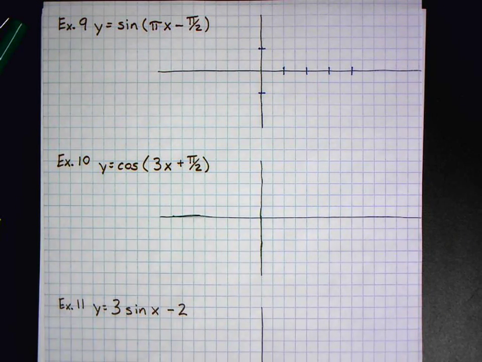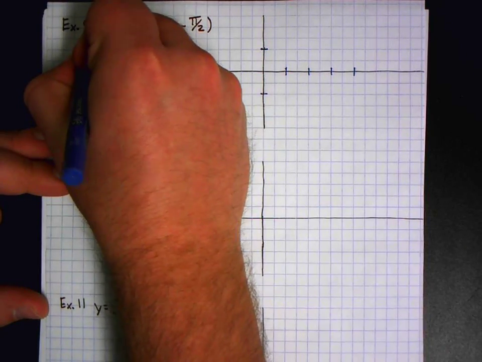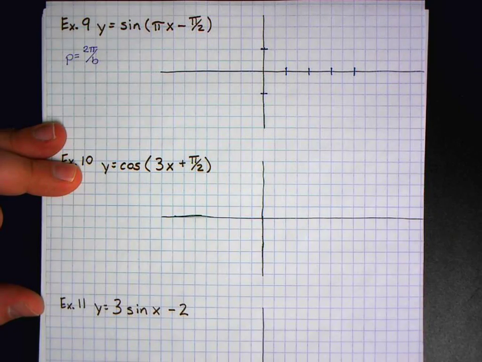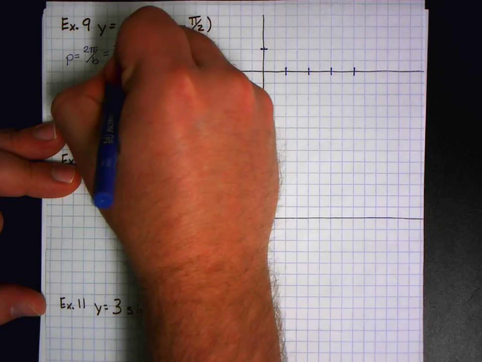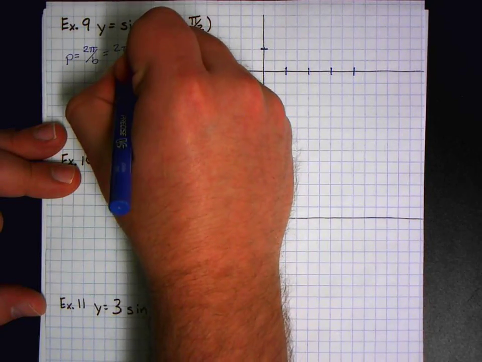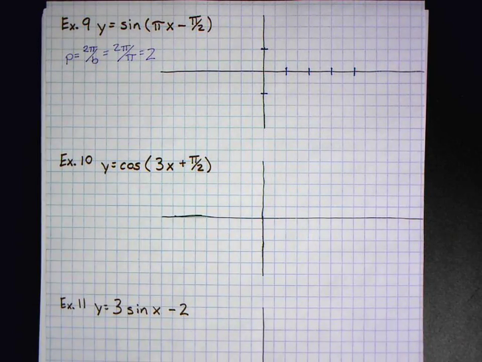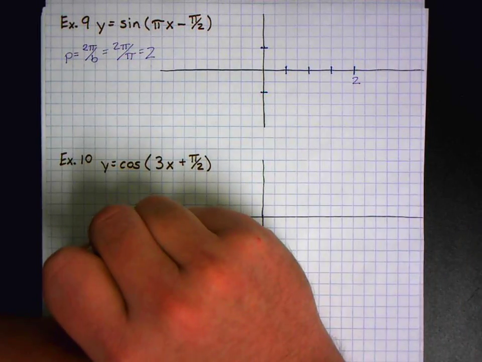Okay, so let's start off with finding our period. Just as a reminder, period is 2 pi divided by b. So in this case, that's 2 pi divided by pi. So my period is 2. So I'm going to go ahead and label this, and then we'll put in our translation.